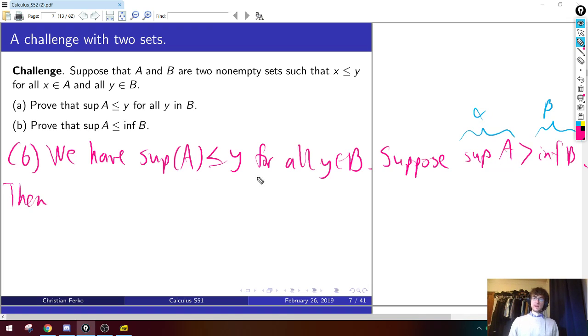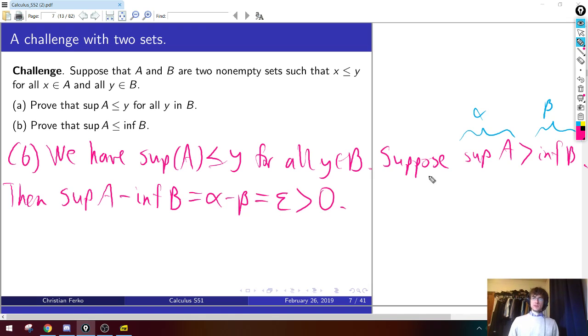If alpha is greater than beta, then alpha minus beta is positive. So let's give this a new name, epsilon, and say that's positive. So the thing we're assuming to get a contradiction is that the difference between the supremum of A and the infimum of B is some positive number epsilon.